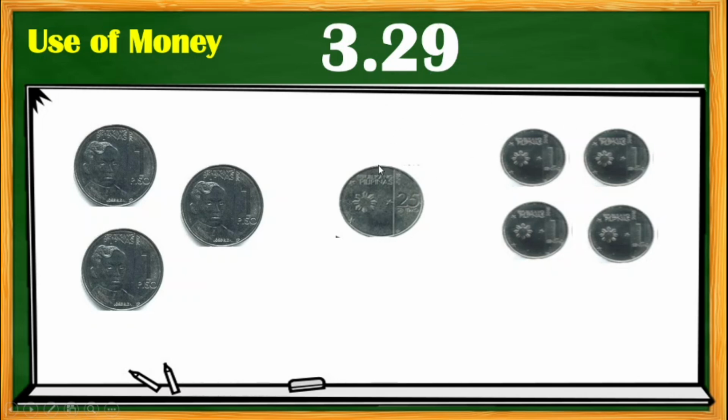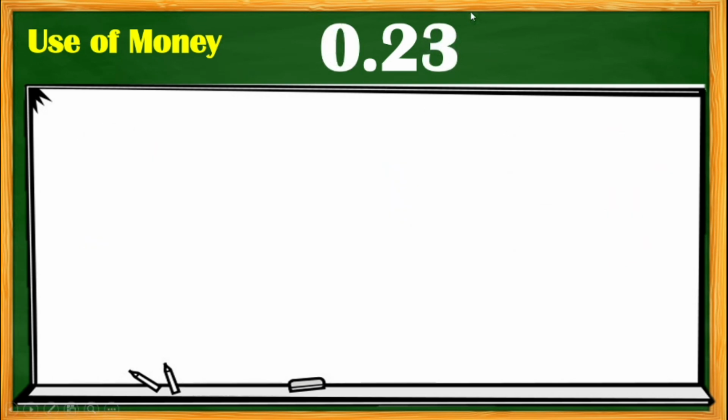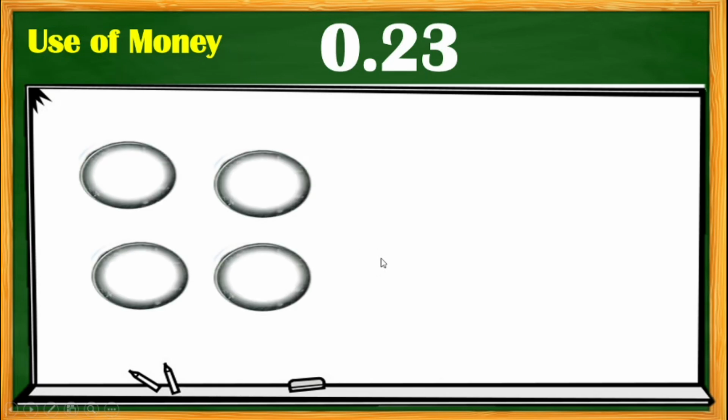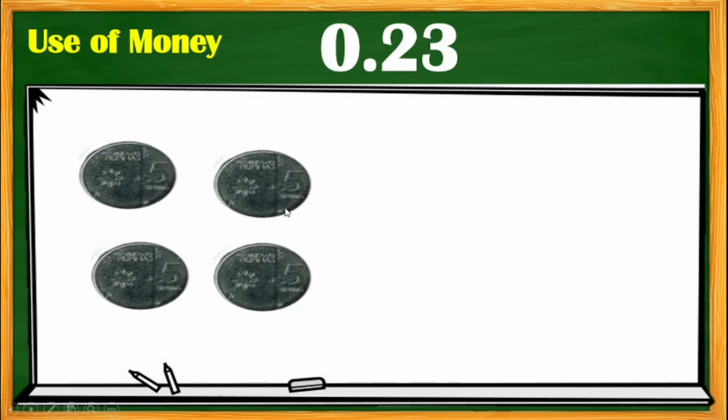Okay. Let's try another one. 23 hundredths. How do we visualize this one? So we have 4 five-centavo coins. So we have 5 plus 5 plus 5 plus 5. We have 20 centavo.